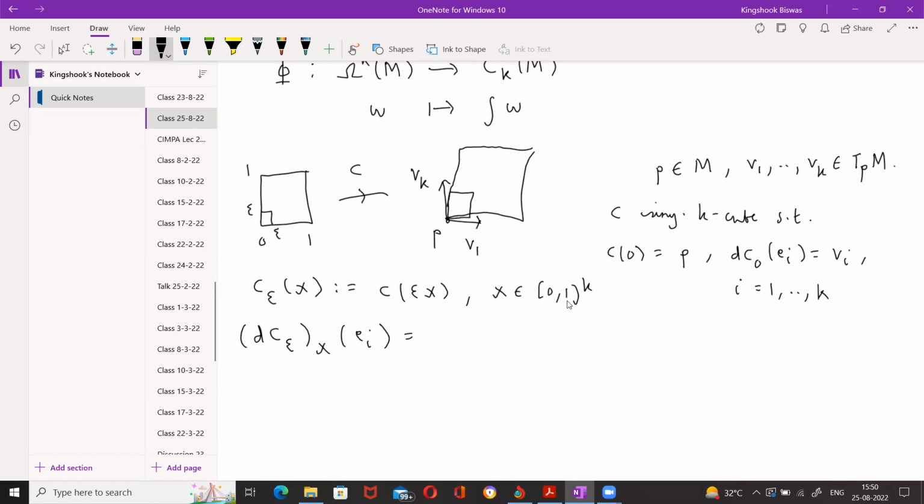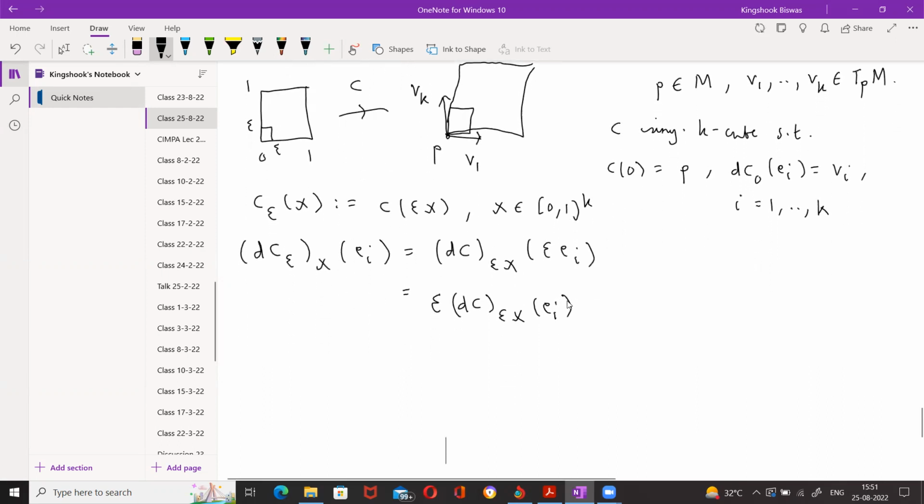By the chain rule, this is going to be the derivative of C at the point epsilon x applied to the vector epsilon times e_i. And this is linear, so this is epsilon times dC at epsilon x acting on e_i.